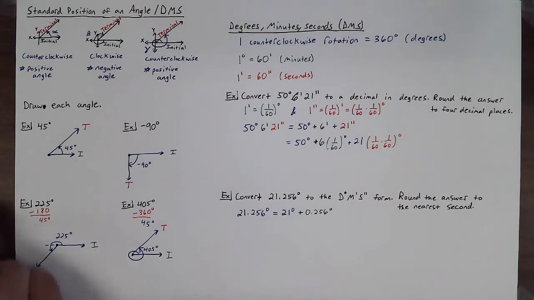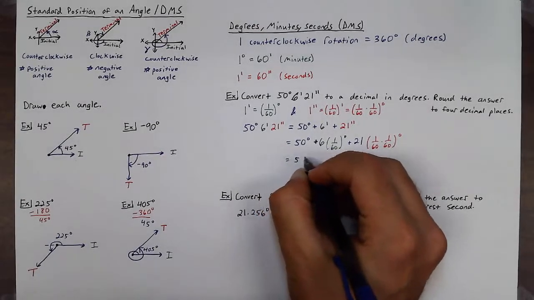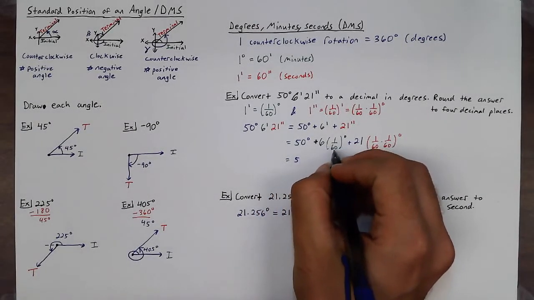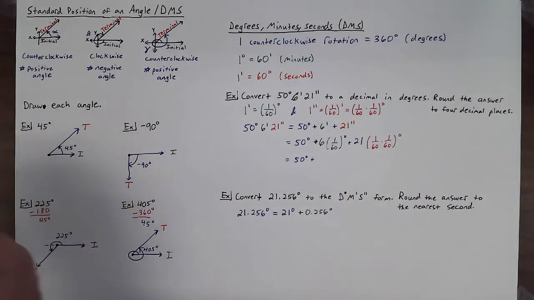Then I can plug this into a calculator to give me a few decimals to use, which hopefully you can figure out that 6 over 60 is 1/10, which just leaves me with 0.1 of a degree.